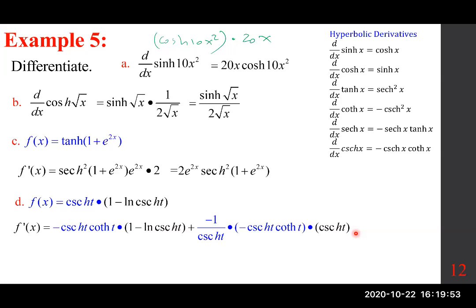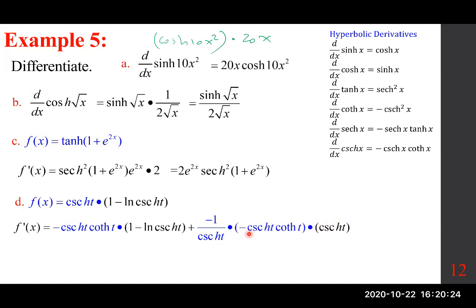Simplification means we are going to distribute. This 1 times 1 is itself minus hyperbolic cosecant cotangent. And then this piece times this is plus hyperbolic cosecant, hyperbolic cotangent, ln of hyperbolic cosecant. Now for this one, they cancel each other and this becomes positive.